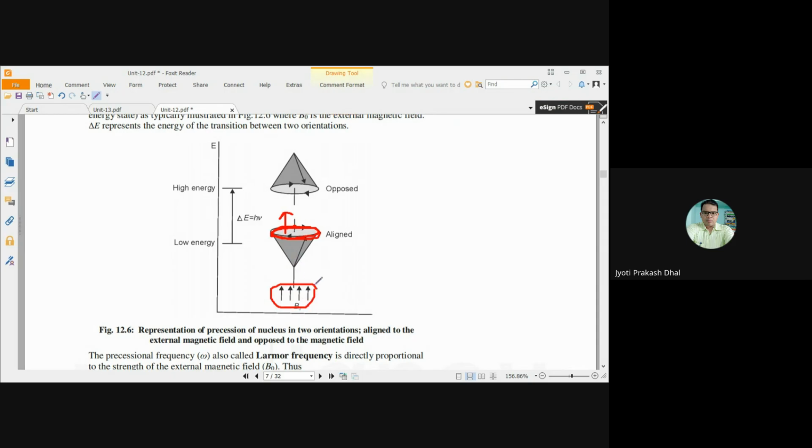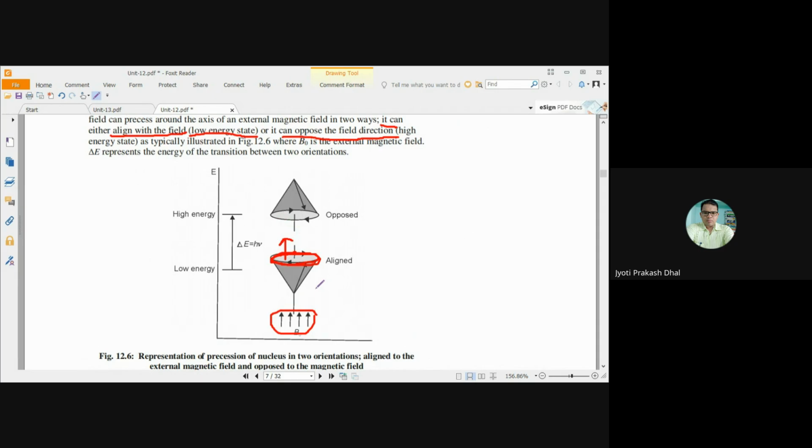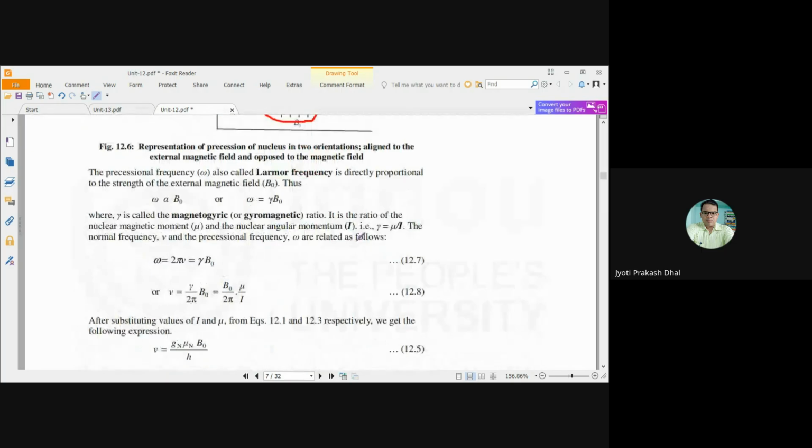Both have the same direction, so that is aligned with the external magnetic field, and hence it is present in the lower energy state. Similarly, if the spin motion is like this, then its internal magnetic moment will be opposite to the external magnetic field, and that's why it will be present in the high energy level.